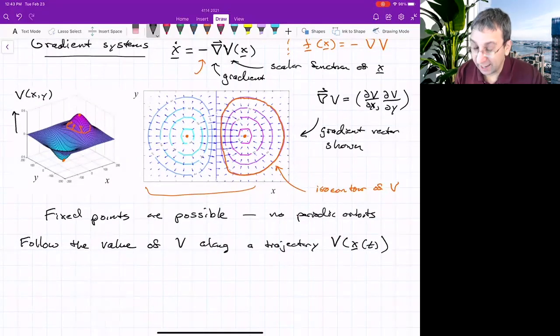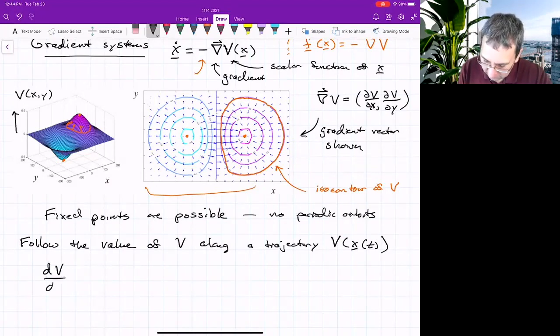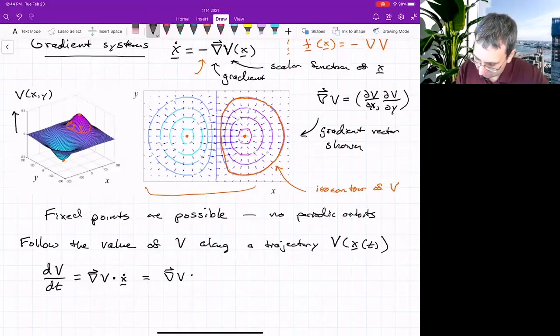The way to calculate how this is changing with time along a trajectory is we take the derivative. So v dot, or dv dt, and now use the chain rule. We'll get gradient of v dotted with x dot. So this is gradient of v dotted with negative gradient of v along x.